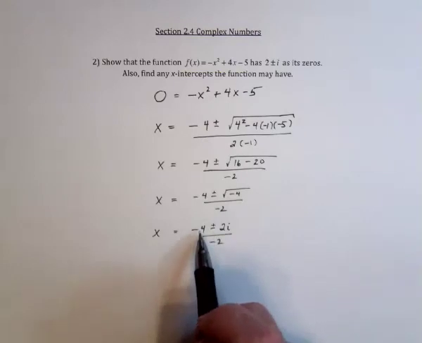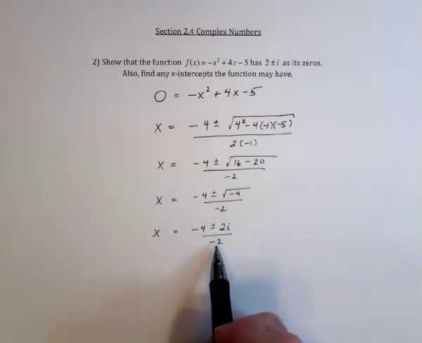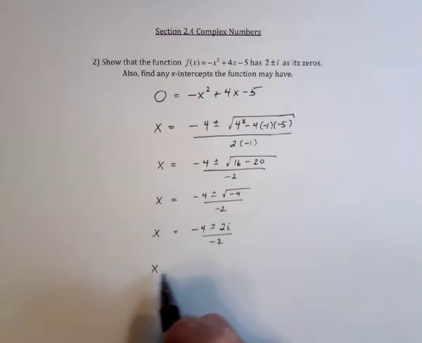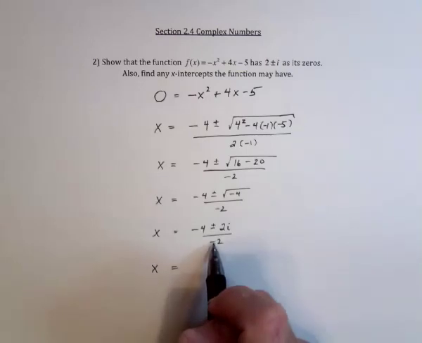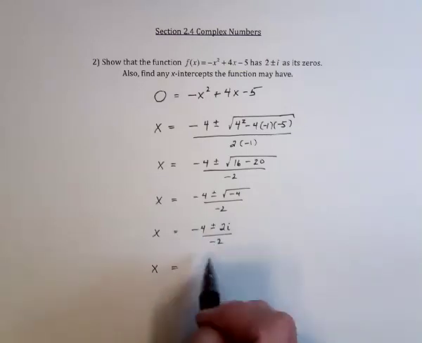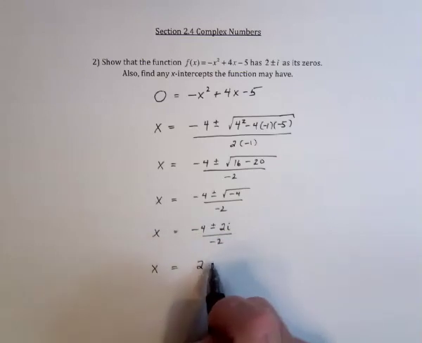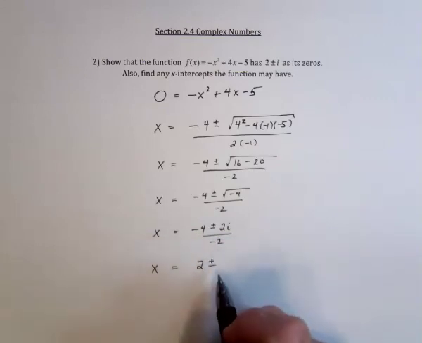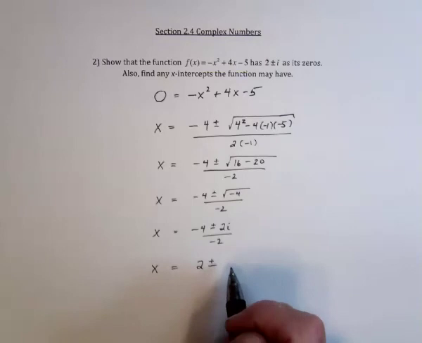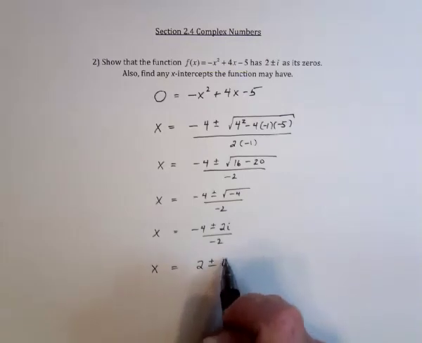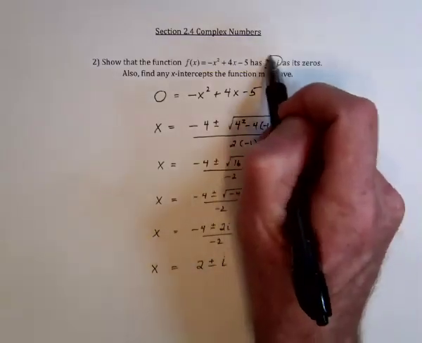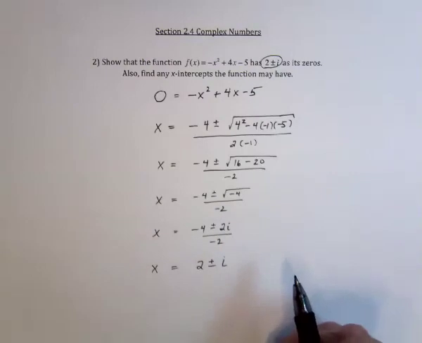Now all of these can be divided by 2, so we're going to end up with, well, a negative into a negative is going to make positive 2, and then this says switch the signs, but the plus or minus means you're already considering both signs, so we still have the positive and negative cases, and then the 2's cancel, and sure enough, this was correct.